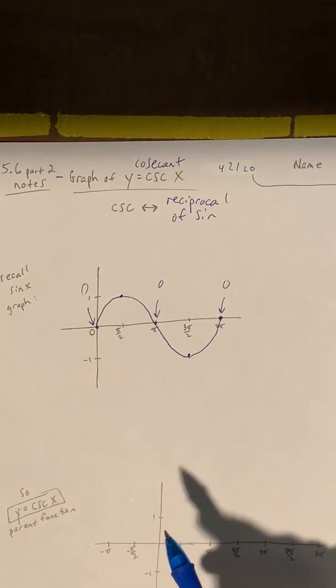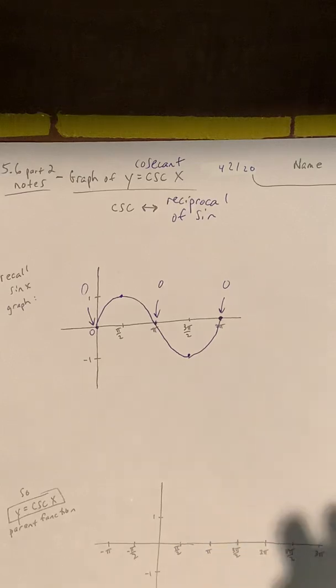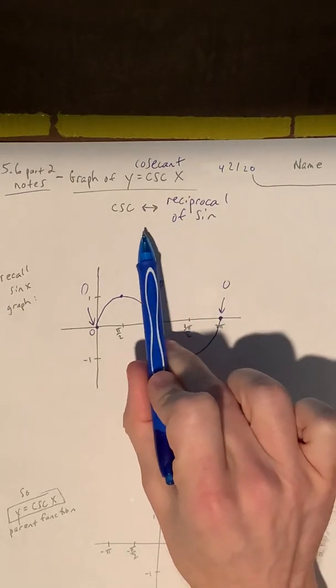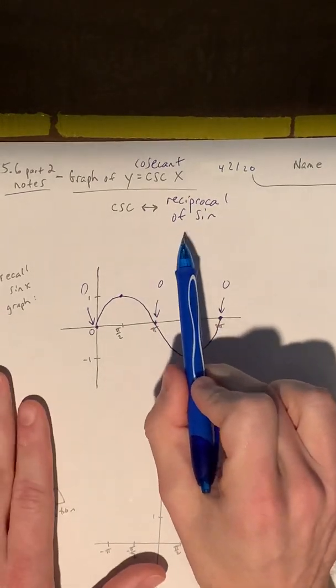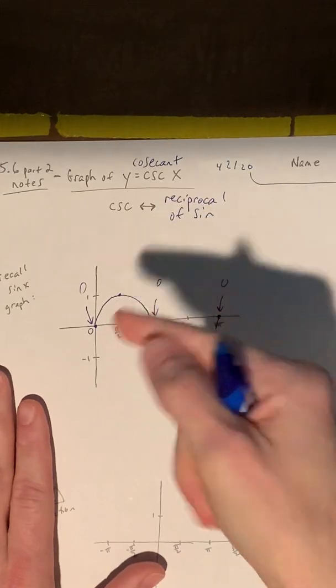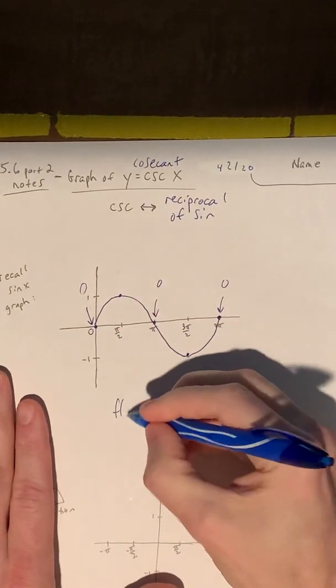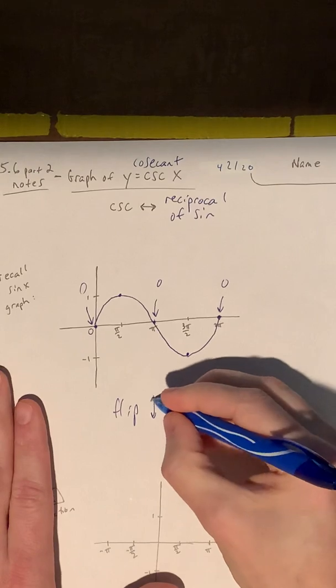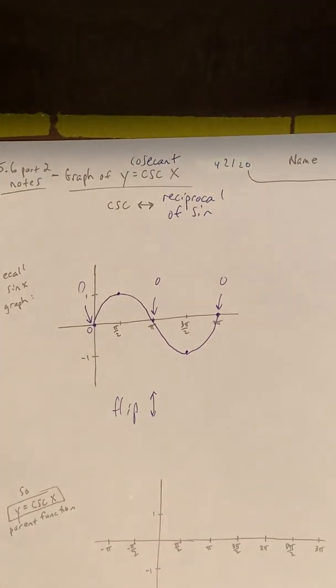Now, remember that if something is a reciprocal, it means you basically flip the fraction, right? You're kind of flipping it upside down, interchanging the top and the bottom, numerator and denominator, okay?